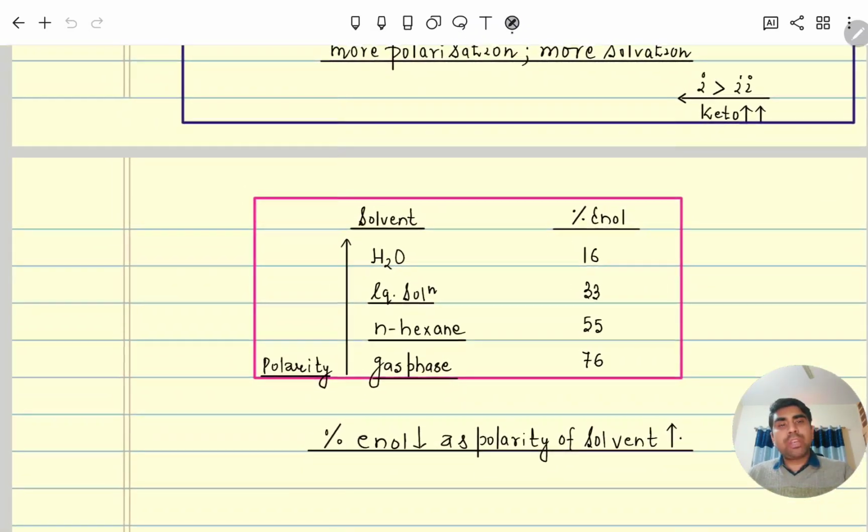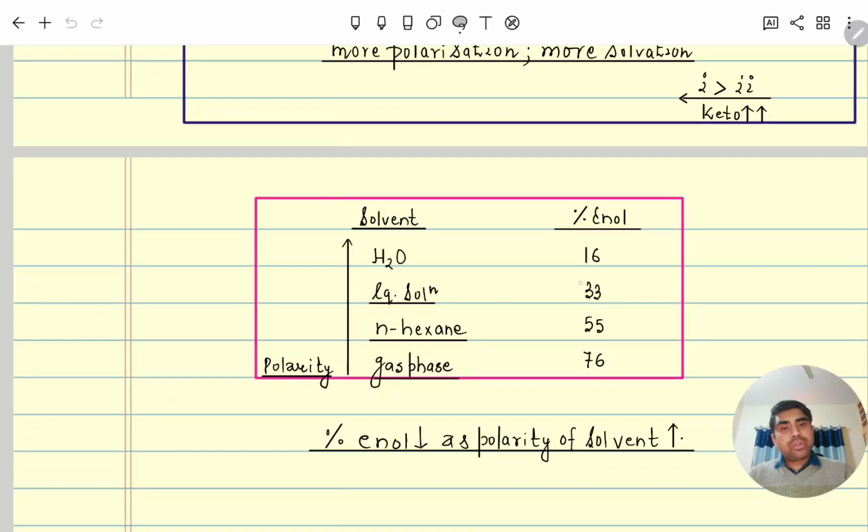Similarly, if the solvent is another liquid, you can see enol percentage subsequently increases a little bit. If it is N-hexane, it increases a little bit more. If it is in gaseous phase, only then is the enol percentage more, as chelation will be effective. Otherwise, with polar solvents, the enol percentage will be less.